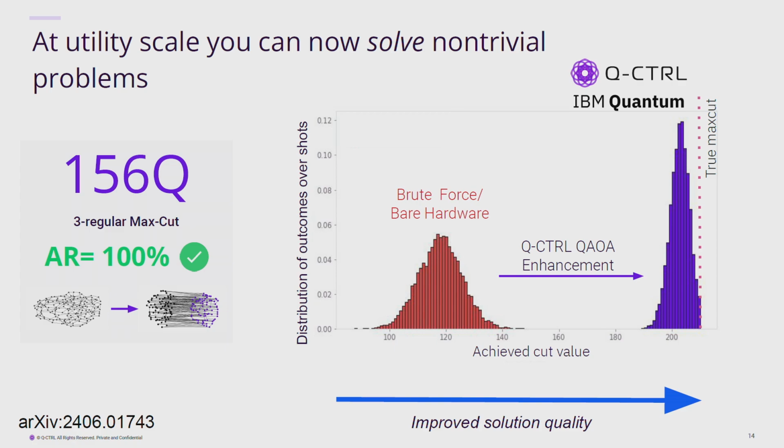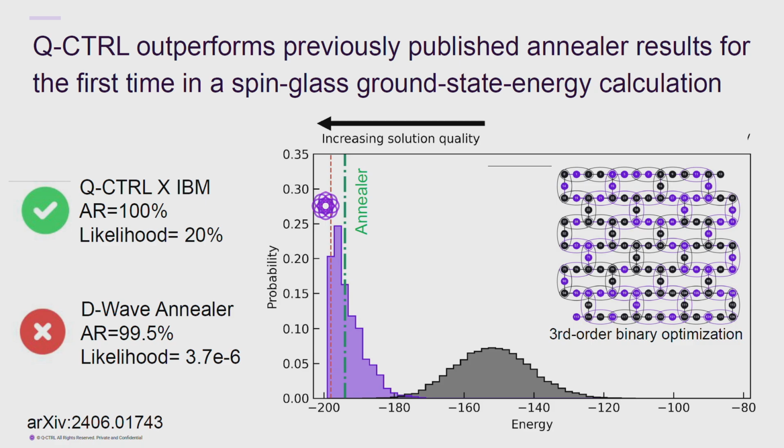Then we also looked at a slightly different problem with high order optimization here. We started with a spin glass Hamiltonian, for those on the technical side in the audience. I think it was a group from Los Alamos that published that, and they used an annealer to get the minimization. So you want to find the ground state energy.